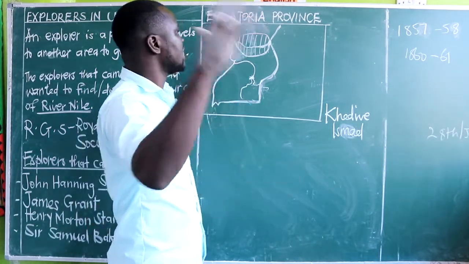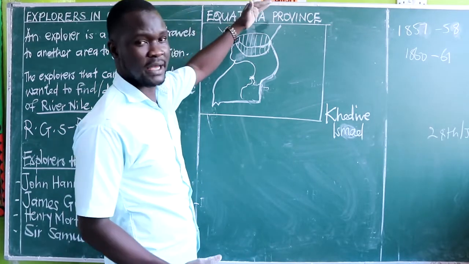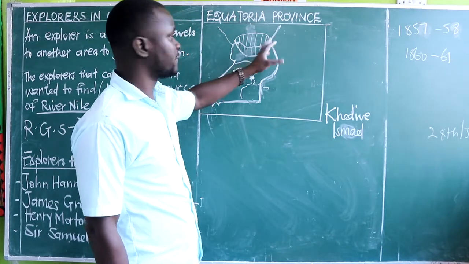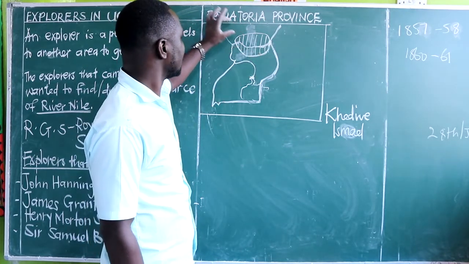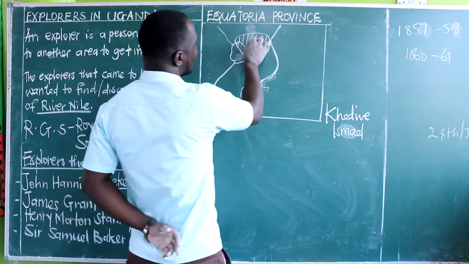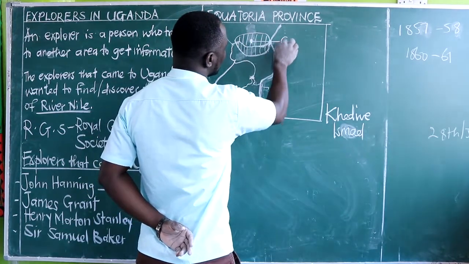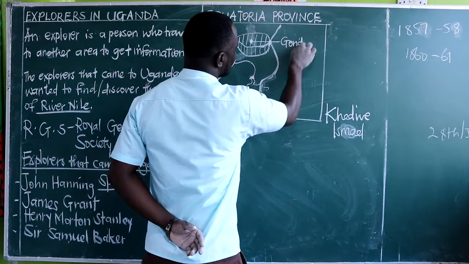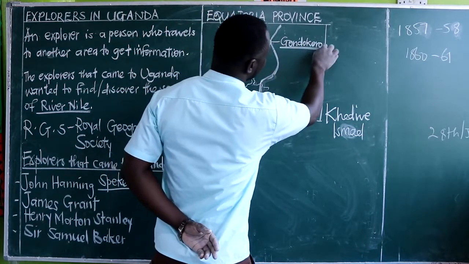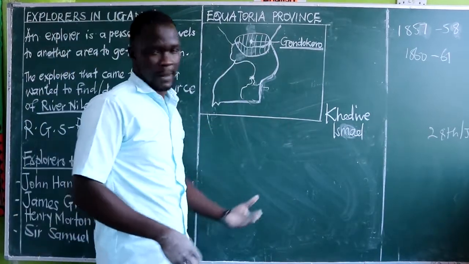So that southern part of Sudan, together with the northern part of Uganda, formed what we call the Equatorial Province. Now, this had its headquarters at a place which was called Gondokoro, that is in that southern part of Sudan, that we call today Juba.